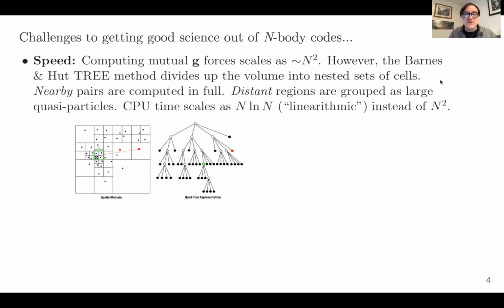So there are these other methods. There's this tree method. It's actually a family of different techniques that divide up the volume into cells. And if you want to compute the gravitational force on some body, you sum up over the nearest neighbors as individual bodies, but for the more distant ones, you just take their agglomerated gravitational force for the entire cell.